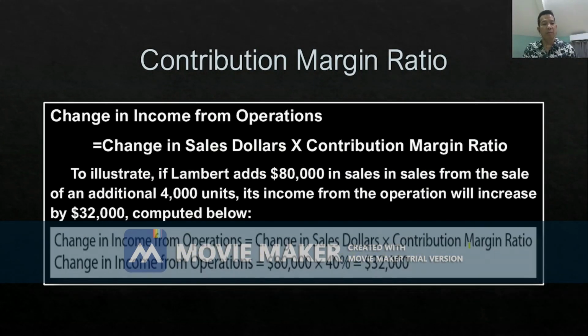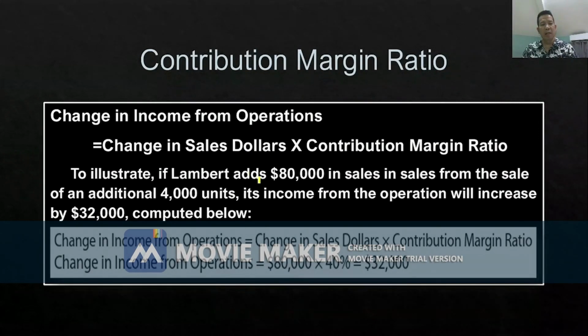Next, we have the change in income from operation, which is computed as change in sales dollars multiplied by the contribution margin ratio.